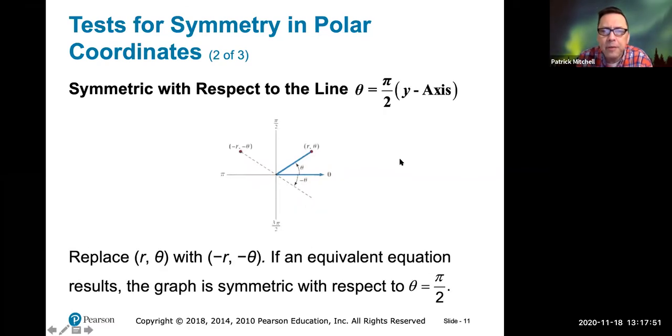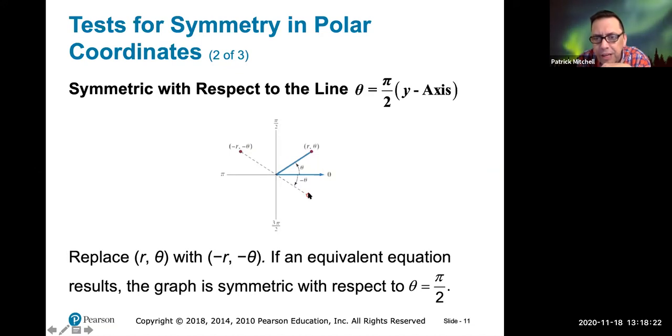To test for symmetry with respect to theta equals pi over 2, which is the y-axis, again, look at the picture. Suppose the point r theta is on the graph. First, look at the angle opposite theta, which would be down here. So let's see. Get my circle up here. The point r opposite theta would be right about here.